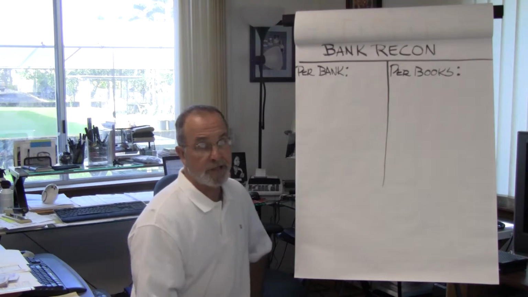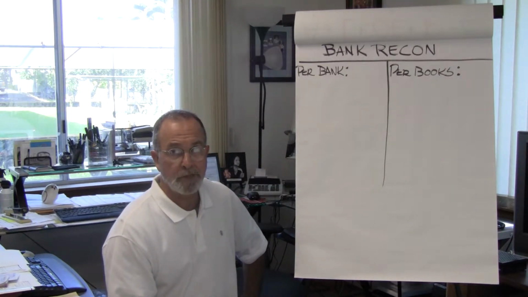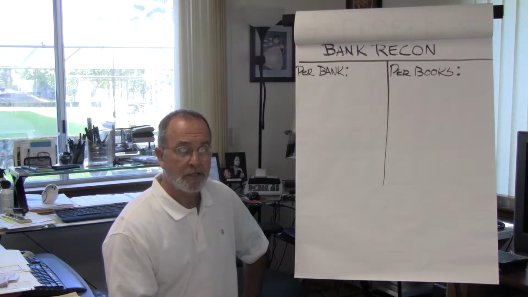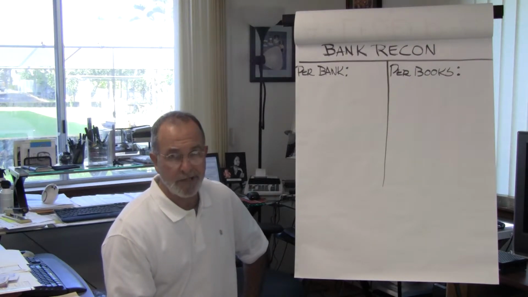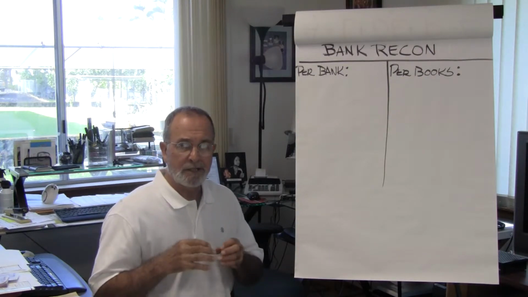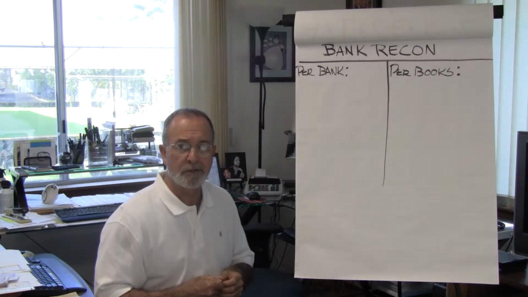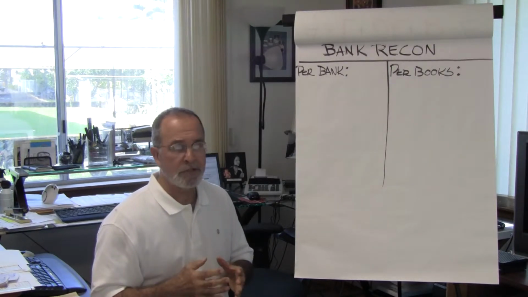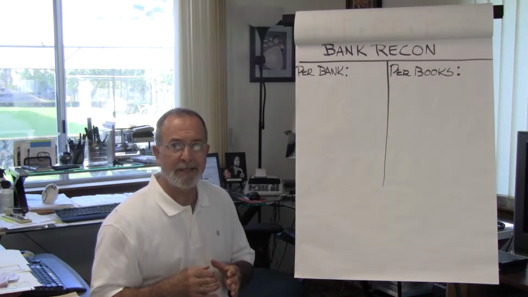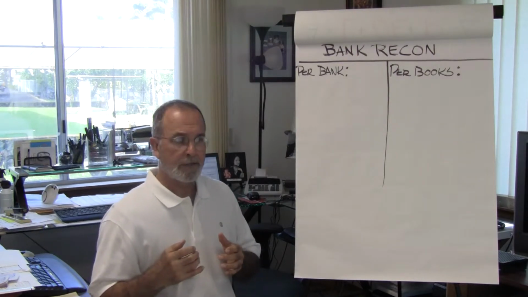Another type of transaction that is common, which shows up on most bank reconciliations, is called a deposit in transit. Now, that's similar to an outstanding check, except it's not a deduction from our account. It will be an addition to our account. And usually it happens around the end of the month. Let's say the last day or two.